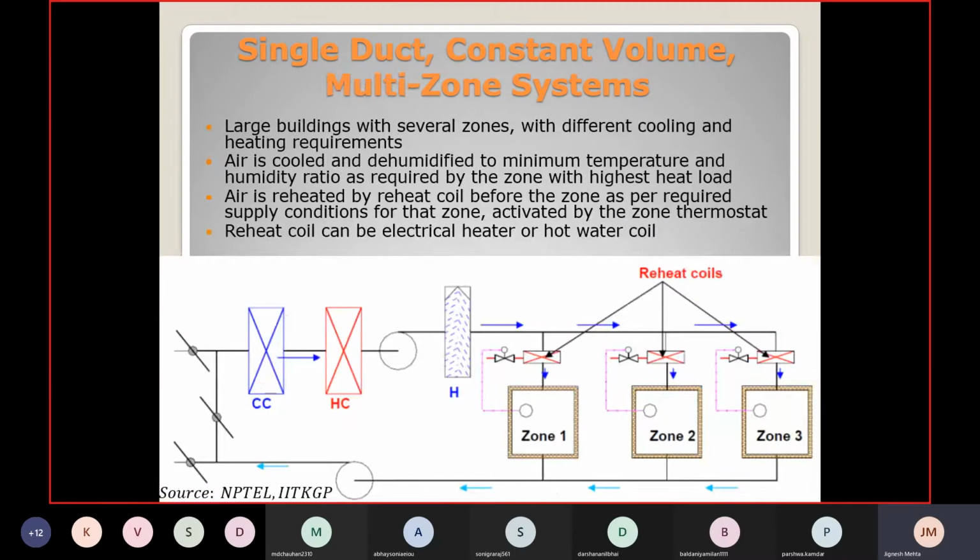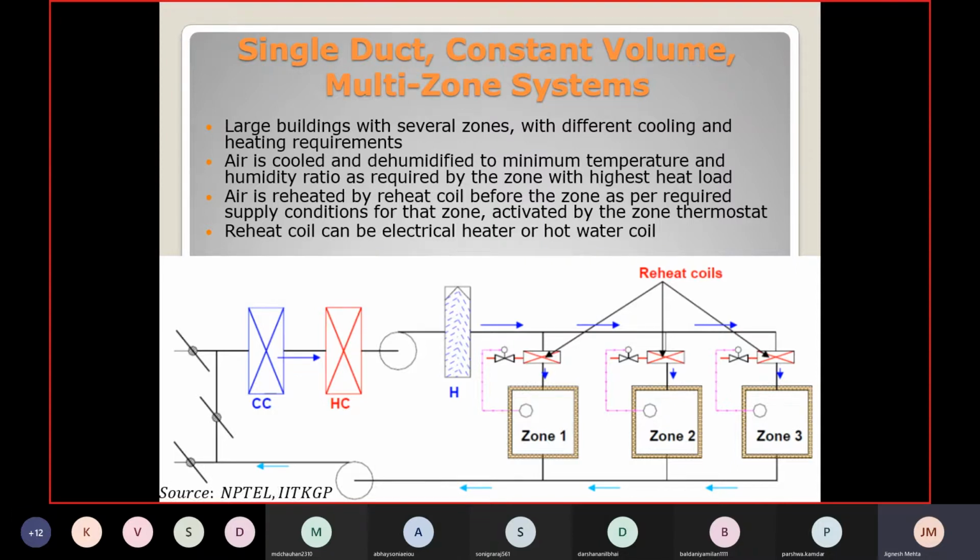Now the multi-zone system. Okay, when we say constant volume, what we mean is that the amount of air supplied remains the same. If you are talking about your split AC, you have an option of changing the fan speed.